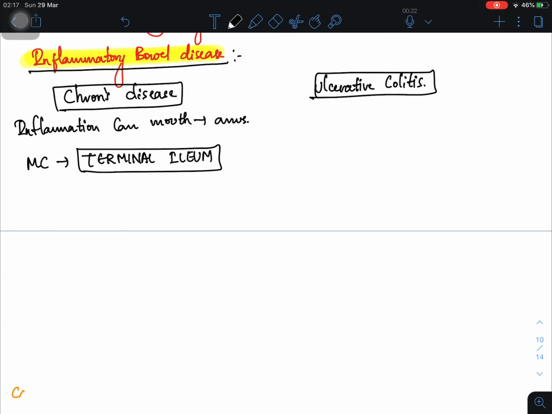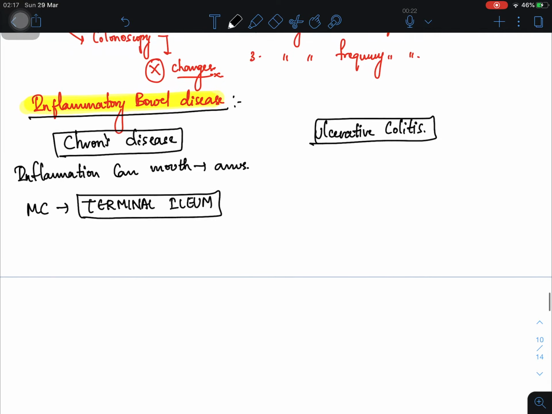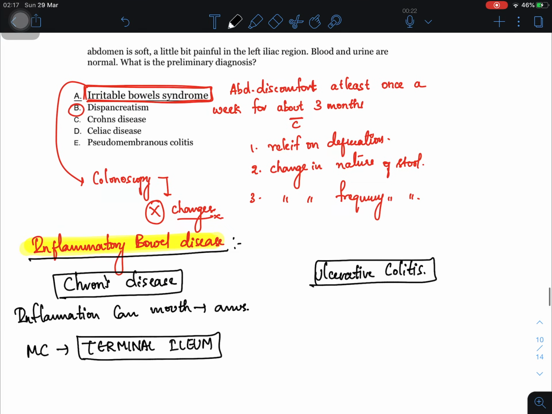And when you do the colonoscopy in Crohn's disease, what are the features which you find? Whereas in irritable bowel syndrome you didn't find any features. So in inflammatory bowel disease you have to find some changes on colonoscopy.